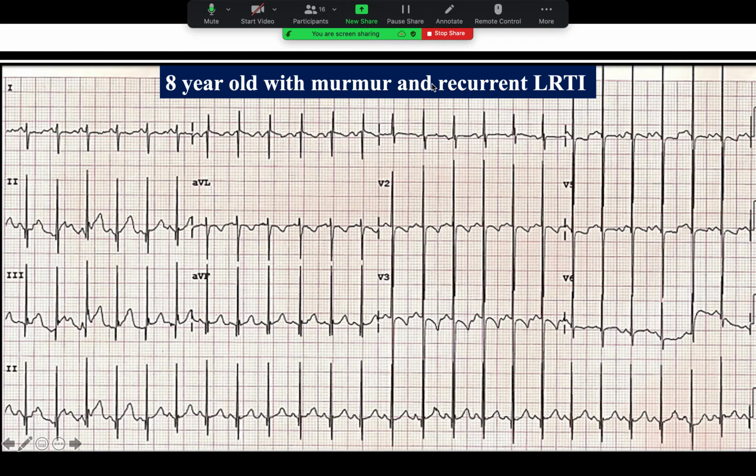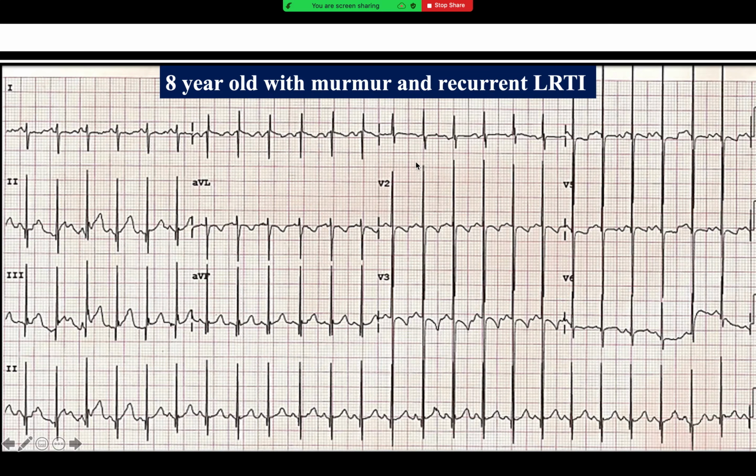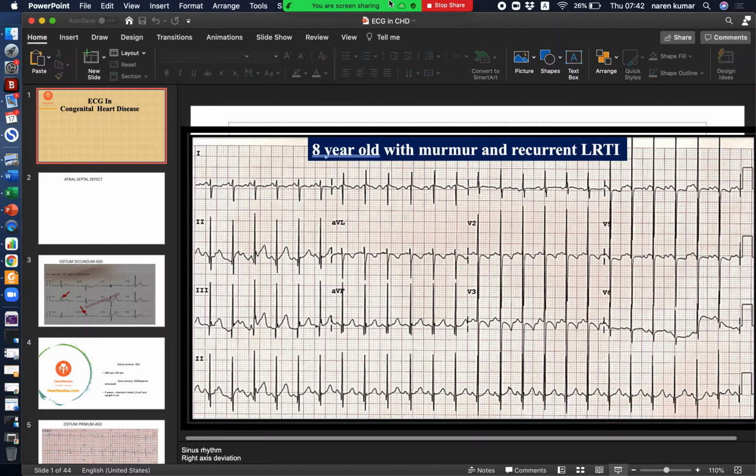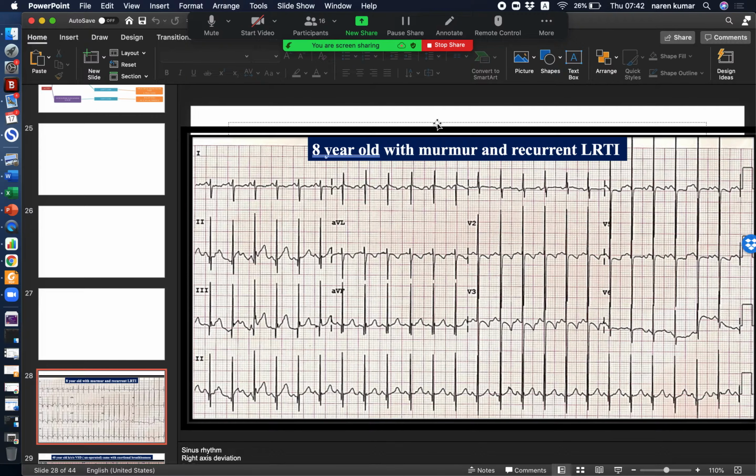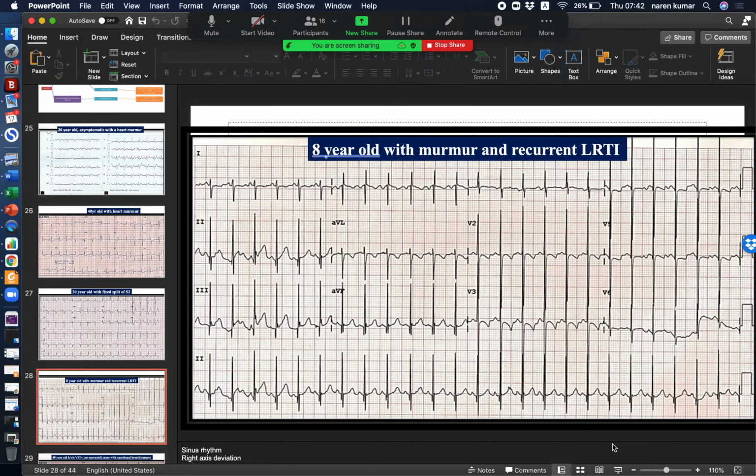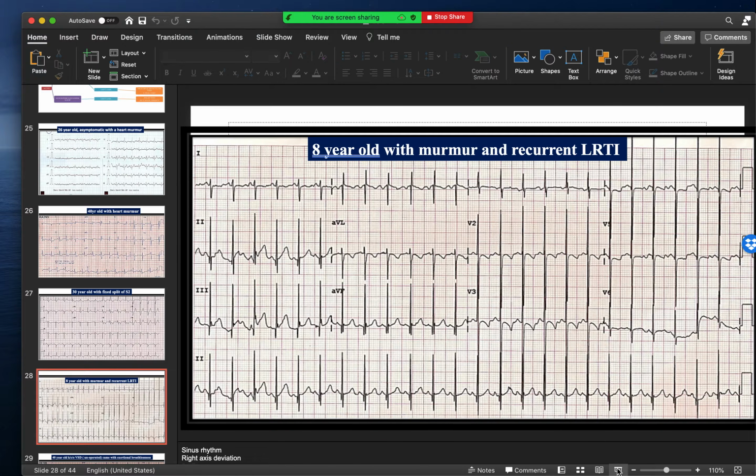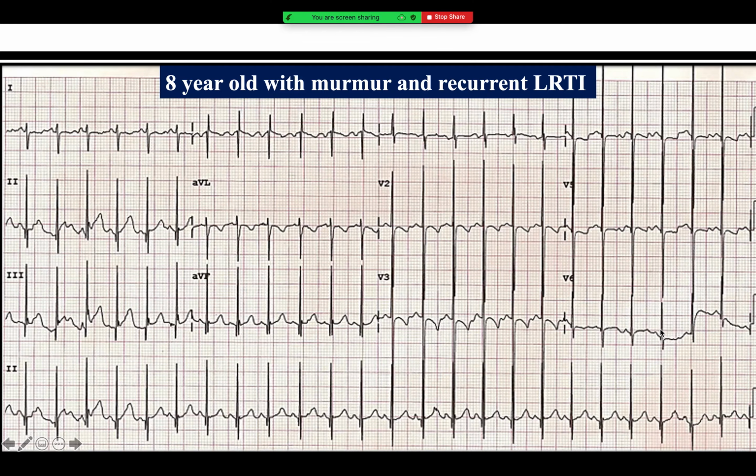So what do you think? Come on, have a look at the ECG, at the steps which I had said already. So what do we notice? It's a young guy. I already gave you the hint.